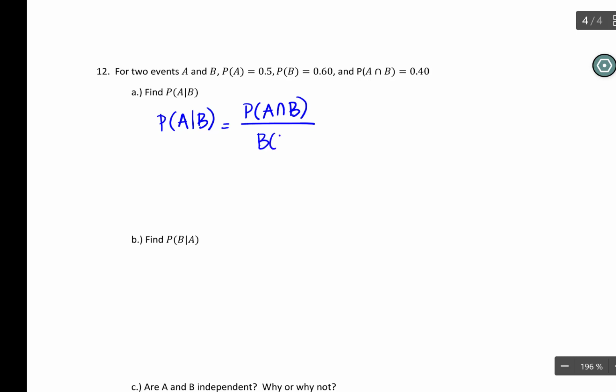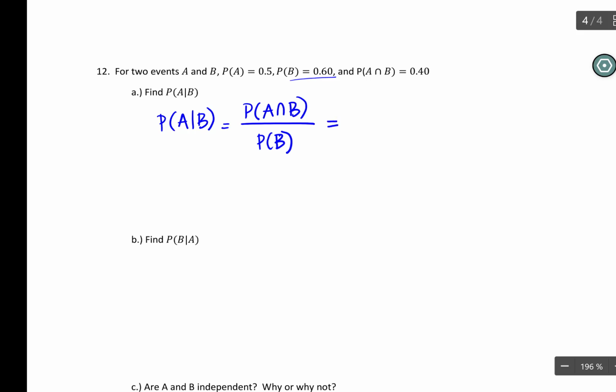This is the conditional probability equation. So if you need to, you can flip back in your notes there. Dealing with conditional probability, we know that the probability of A, given that B happened, is the probability of the intersection of A and B divided by the probability of B, given that the probability of B is not 0, which we're told it's 0.6, so it's not 0.